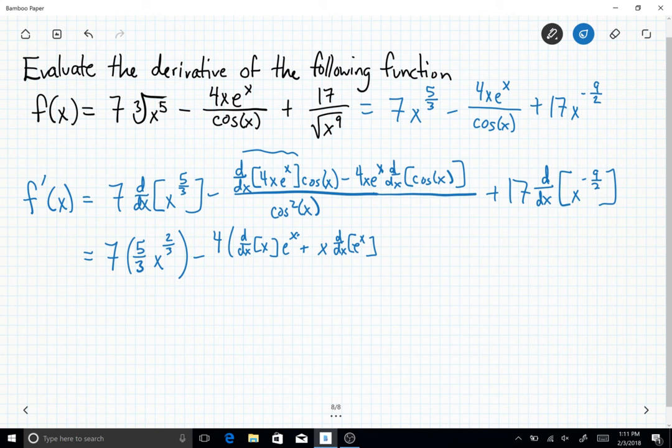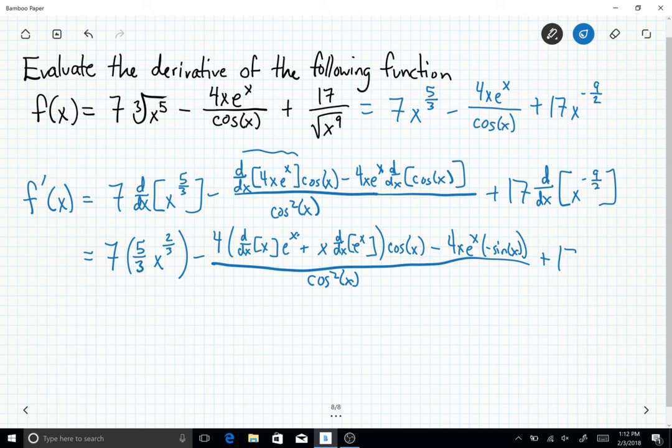And then all that's times cosine of x minus 4x e to the x, and the derivative of cosine of x is just negative sine of x. And all that is over cosine squared of x.